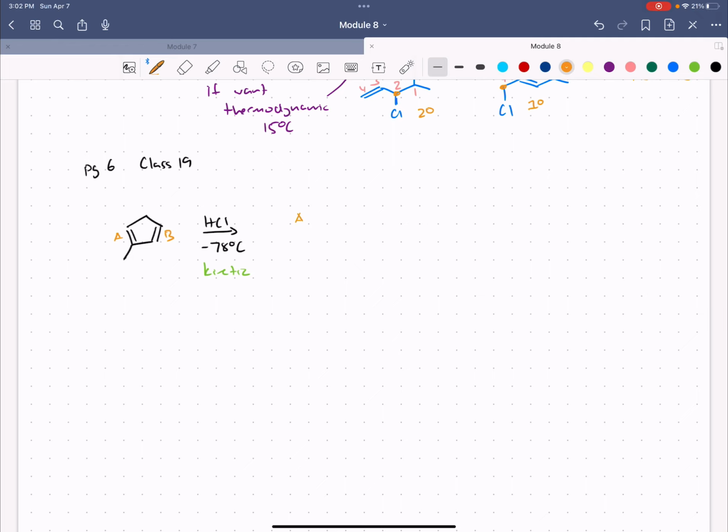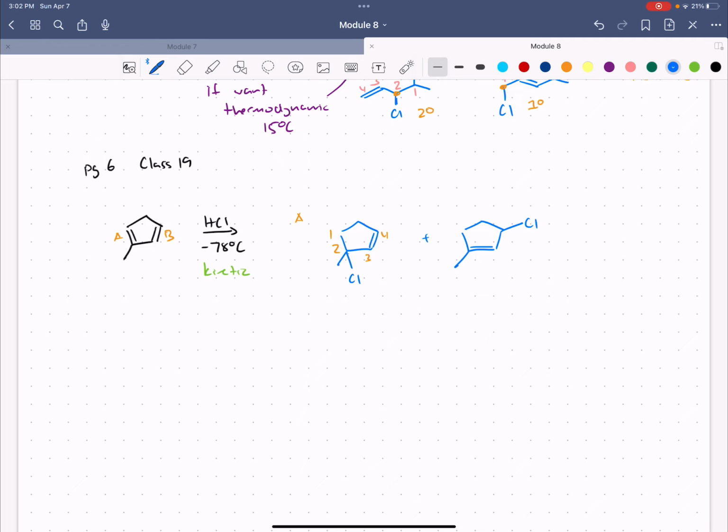double bond. So double bond A, the 1,2 product, B stays there. Okay, 1,2 is right there. We can label it 1, 2, 3, and 4. Plus this here. What's naked? This carbon here.